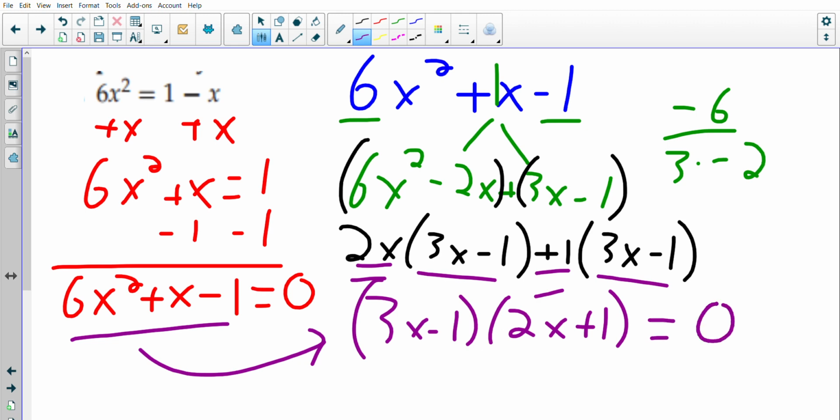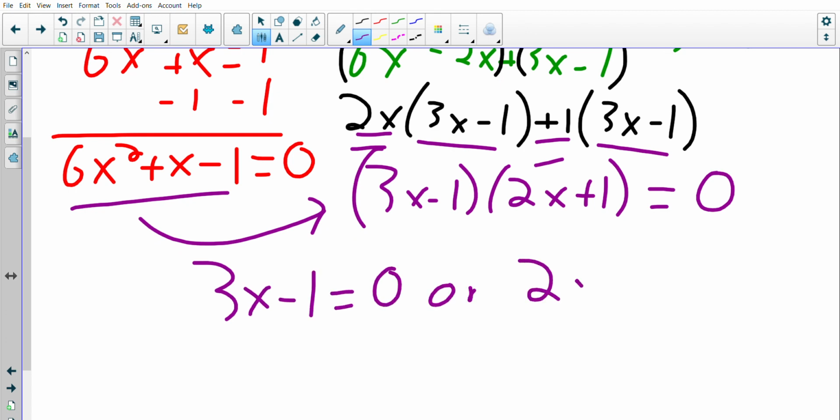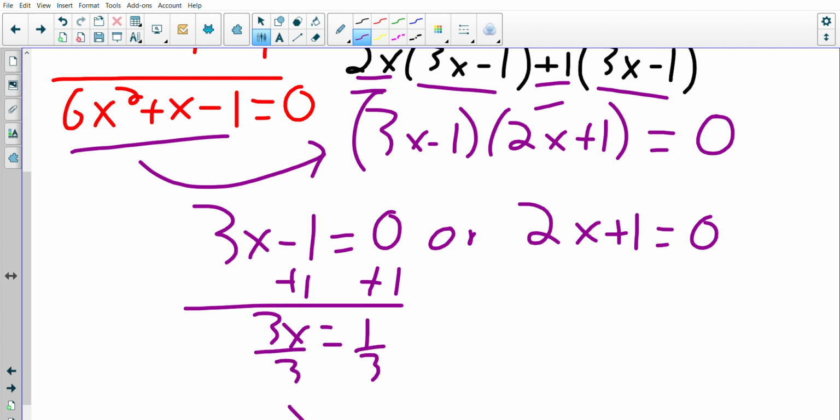Now that's equal to 0. To solve for x, one of those two must be 0, so I'm going to take both of them and set them equal to 0. So I get 3x minus 1 equals 0, or 2x plus 1 equals 0. Let's start solving. Add 1 here, you get 3x equals 1, divided by 3, so x equals 1/3.